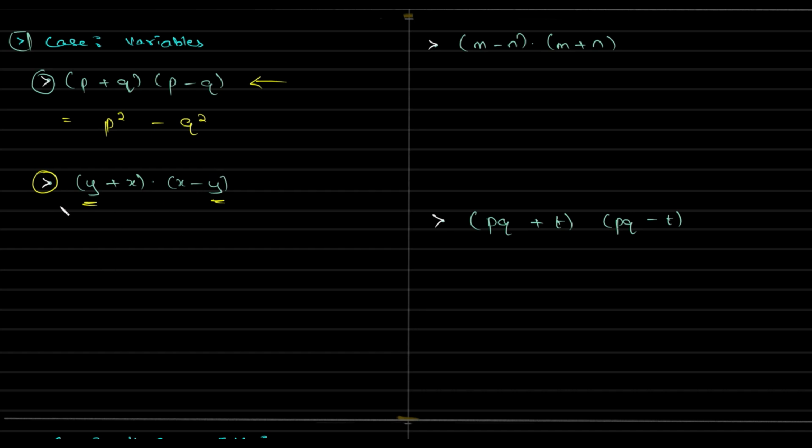But yes, in this case it is true. It will give me the same answer. How? Simple. We know that addition obeys the commutative law. That is, y plus x is same as x plus y. So just copy the next term and you have the same pattern, and the answer is x square minus y square.